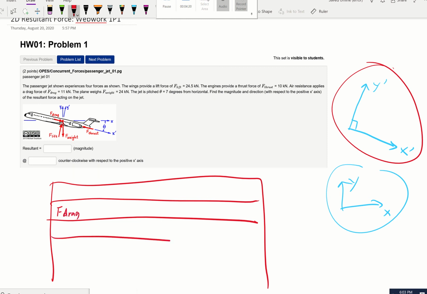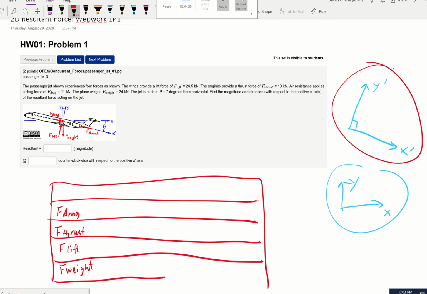The second one will be F thrust. Then we'll have F lift. The last one will be the weight. Those are the four forces we need to find the resultant of. And here, instead of the x direction, I'm going to decompose into the x prime direction and y prime direction.